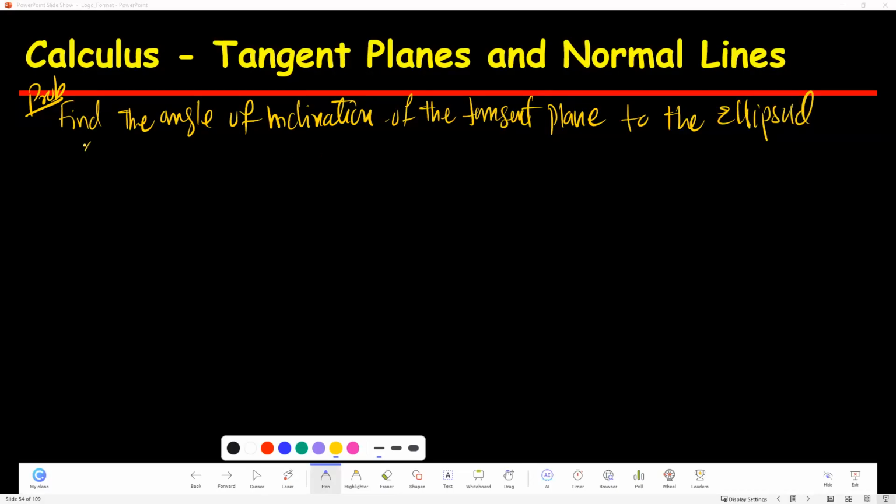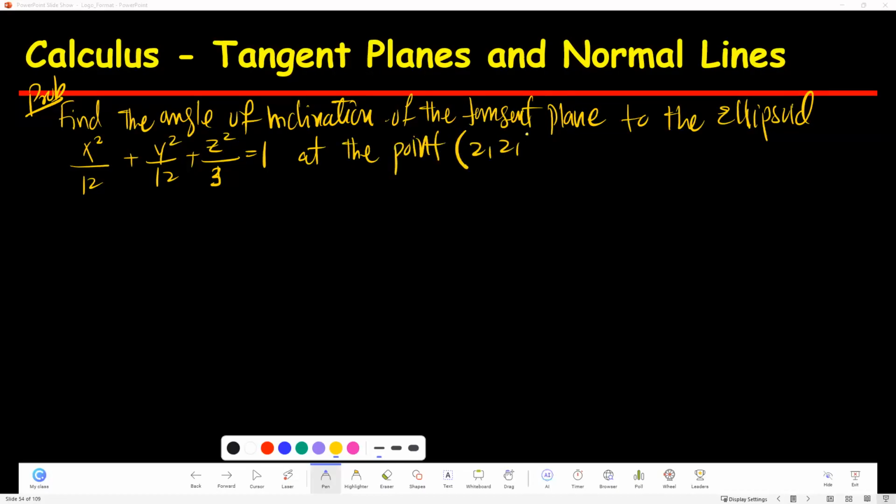An ellipsoid looks something like this, at a point (2, 2, 1). Okay.